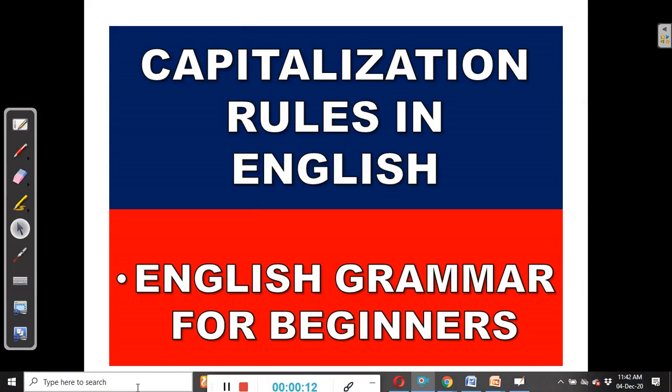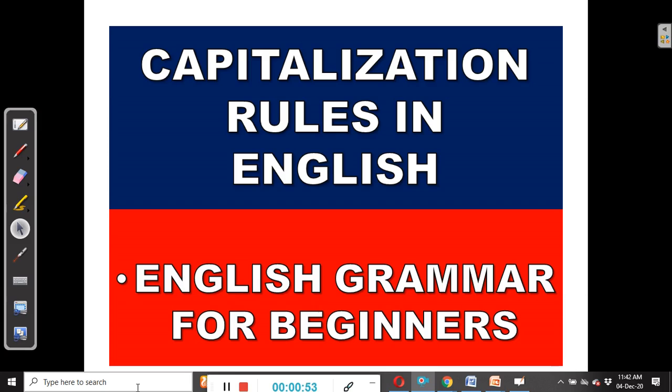Today we are going to look at capitalization rules in English. English grammar for beginners. Capitalization is very important in writing because it is an aspect of orthography. Orthography is the science of writing, and in orthography, we define a sentence orthographically as a group of words that begins with a capital letter and ends with an end mark, which could be a full stop, a question mark, or an exclamation mark.